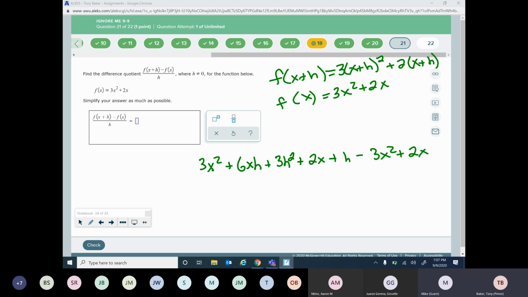So notice how I'm not looking at the bottom. Yes. Did you say in the middle 2x plus 2h, or is it just 2x plus h? I missed that in the FOIL. It should be 2x plus 2h. I missed the 2. I think I said it, but I didn't actually write it.